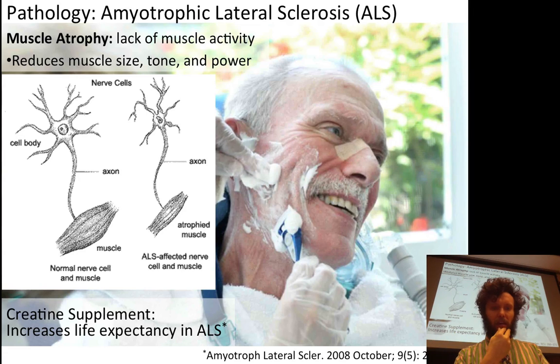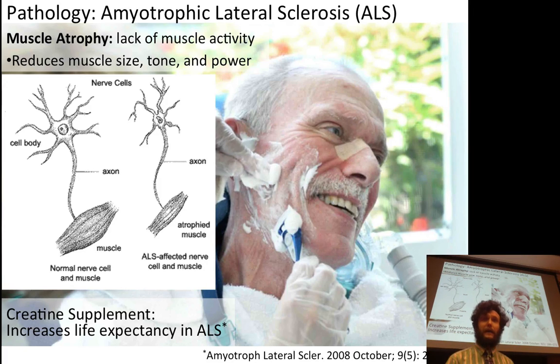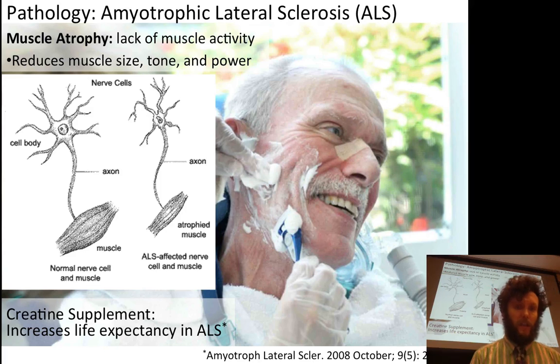This is a disease where the muscle fibers of a person's body begin to wither and die because of de-innervation. I'm putting this in the muscle chapter, but it's actually a nerve disorder. The muscles wither and die and waste away, but it's due to a de-innervation by the sclerosis of the axon.